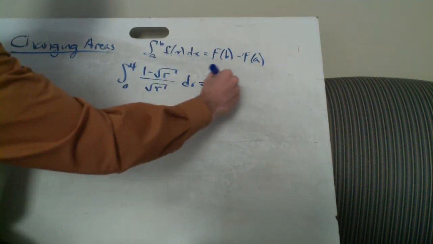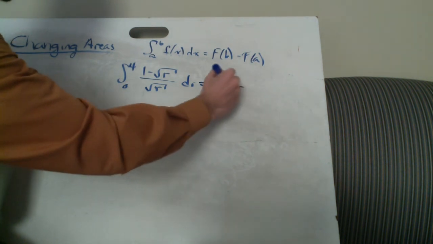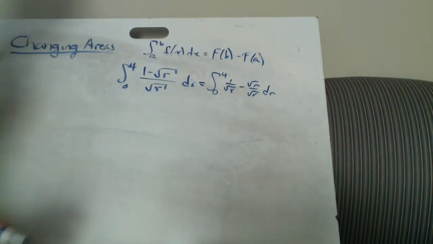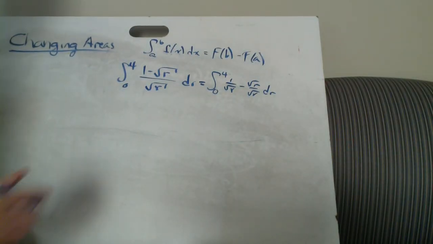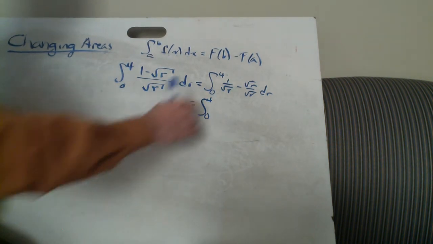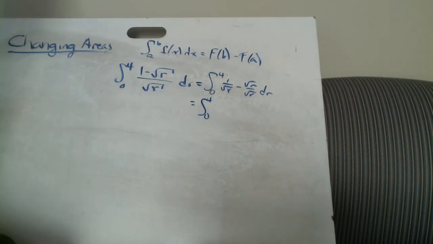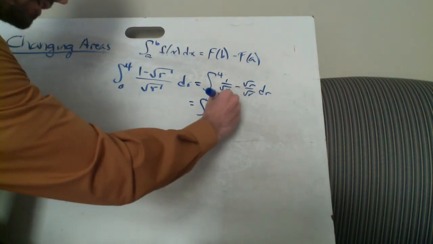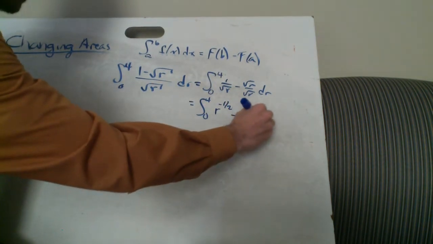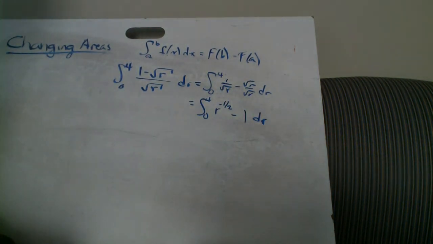So this will become 1 over root r minus root r over root r dr. Oh, and this is super nice because this is just the integral from 0 to 4. Well, 1 over root r, see, root r is r to the 1/2 power, so this is r to the negative 1/2 power. Root r over root r, oh, that's just 1. Oh, that's great.